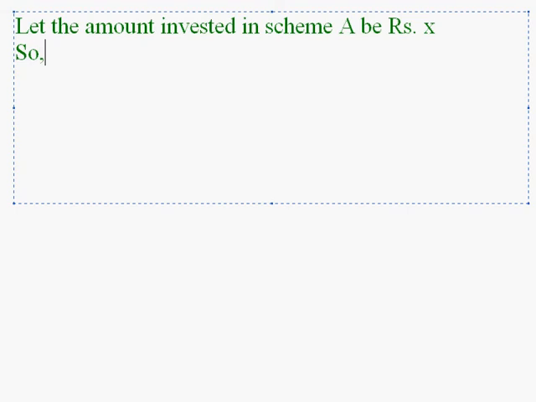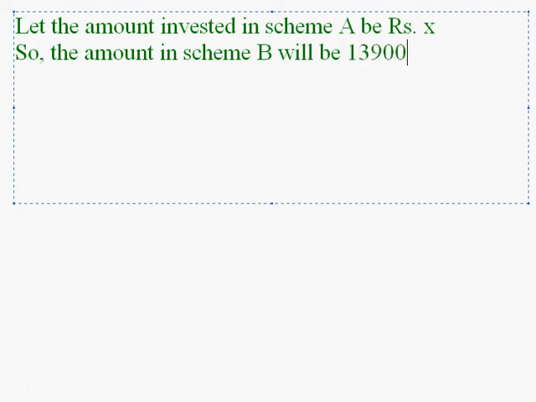Let the amount invested in scheme A be X, okay? So the amount in scheme B will be, total amount to be invested 13,900, so it will be 13,900 minus X. It is the same thing if you have 100 rupees, and you need to give some money to one friend and some money to the second friend.